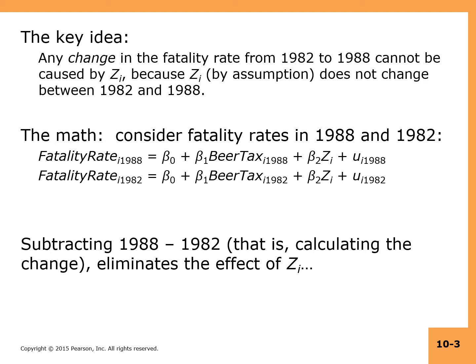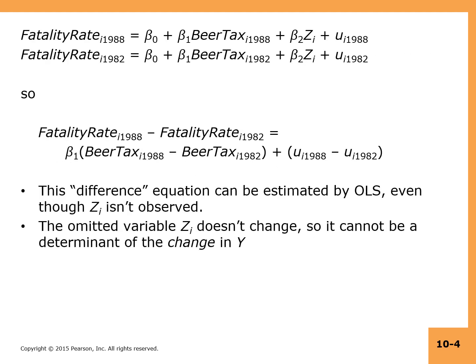So let's look closely at the math behind this. Here we have a regression for 1988 and 1982, and let's say we subtract one regression from the other. When you subtract one regression from the other, the intercept actually cancels out, as well as the omitted variable.